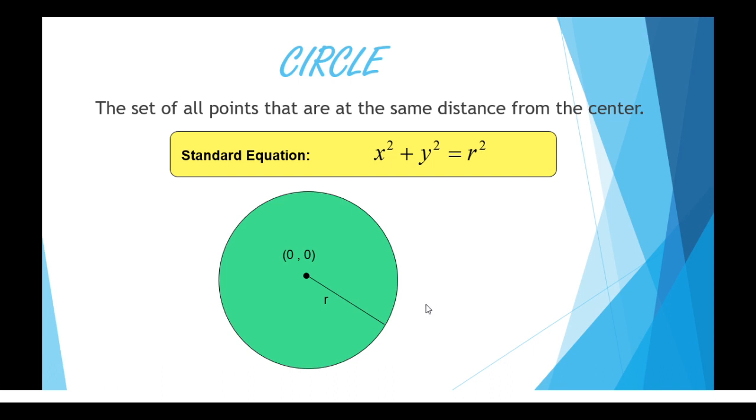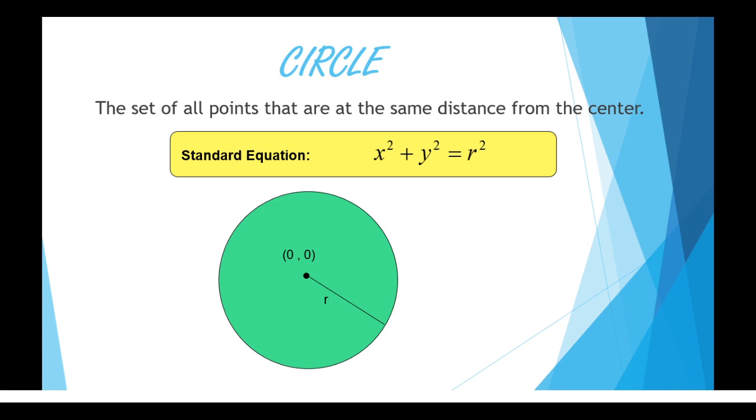Now in this, again, the chapter is very vast. You have different forms of circle as well, namely general circle, then circle passing through the origin, circle touching the x-axis, circle touching the y-axis, so on and so forth. So to be very frank, this chapter isn't too much in details.